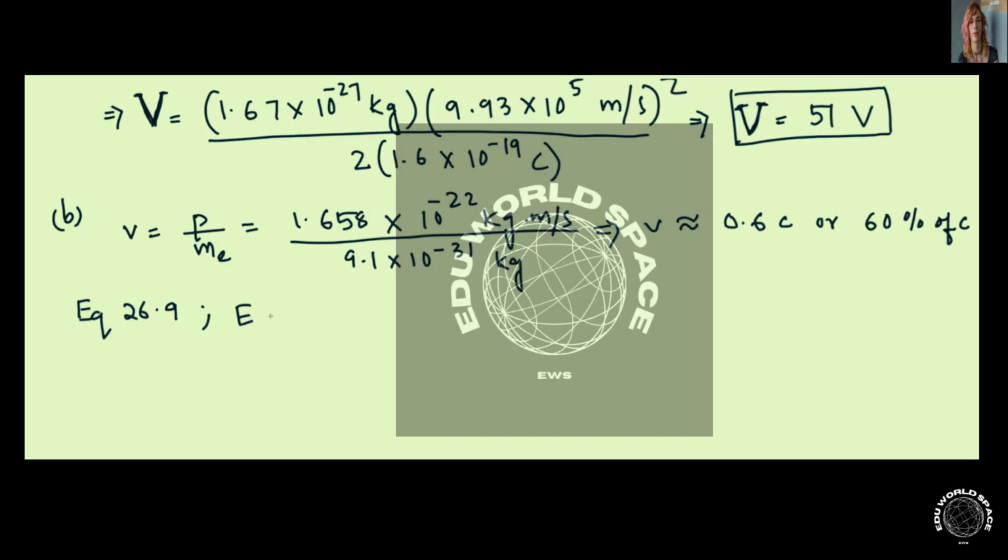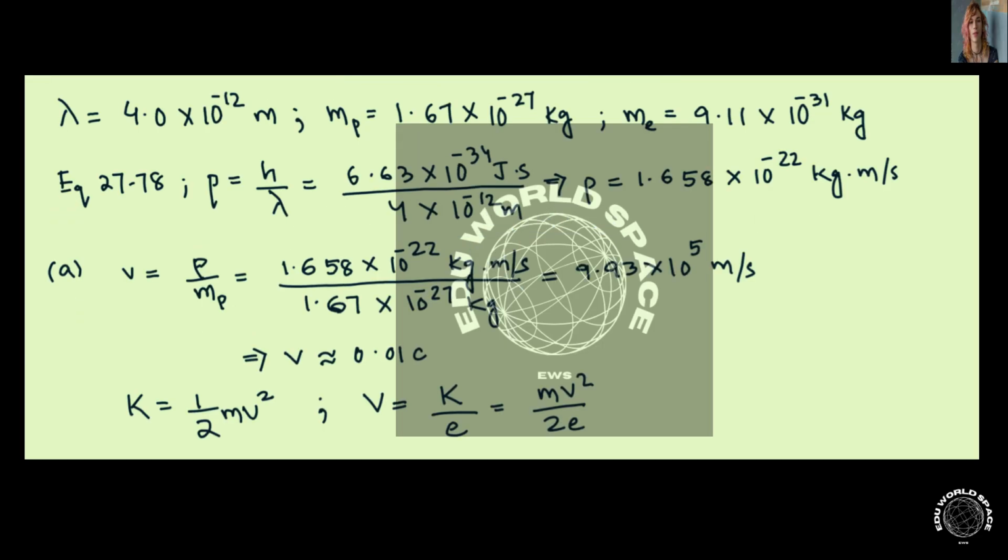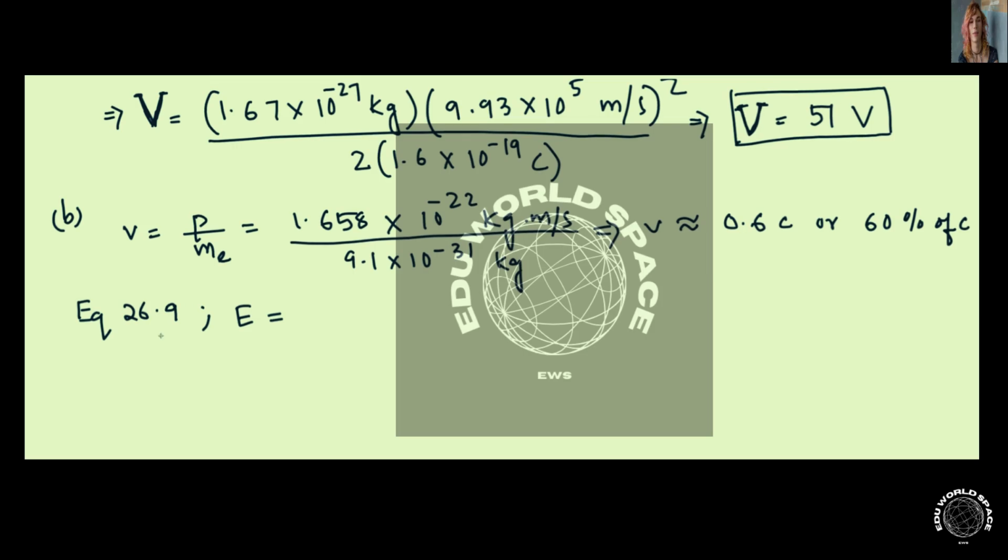So unlike this case where kinetic energy is half mv square, we find the energy first using the relativistic case. So energy will be equal to the square root of (pc) whole square plus (mc square) whole square.